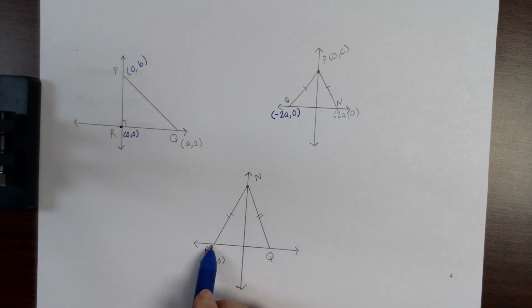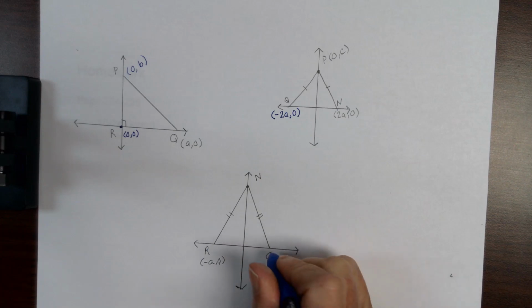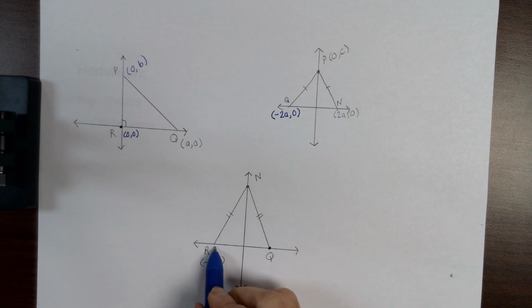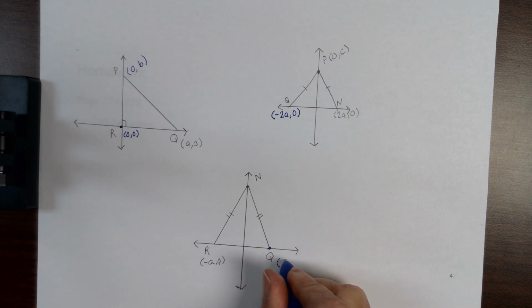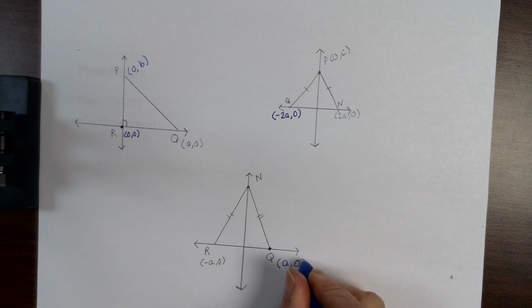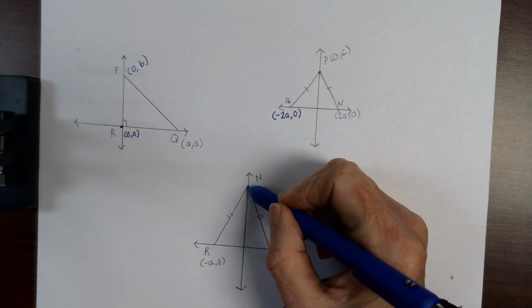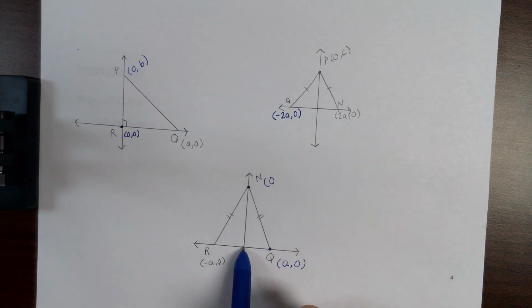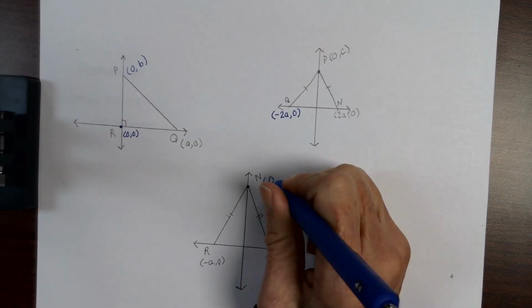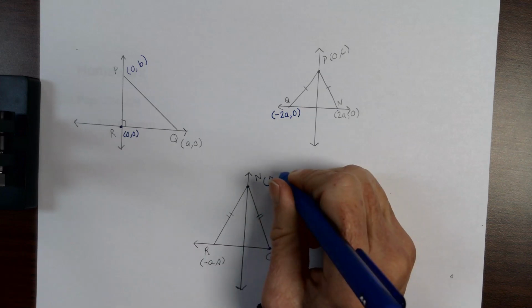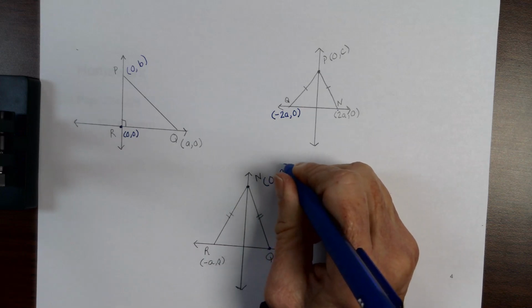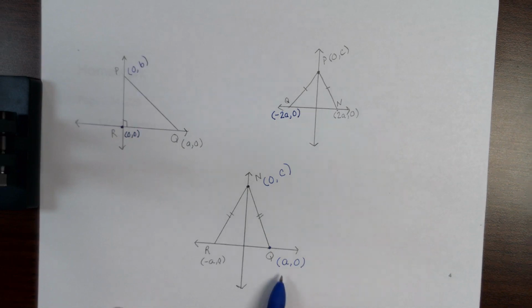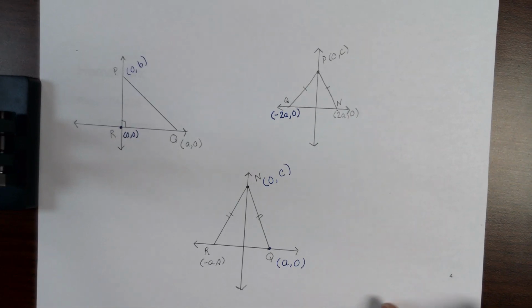If I've gone over here to negative A, 0, then over to here, so this is A units, this would also be A units. So I have the point A, 0. Now this N, I know it's 0, something because I've gone over right or left 0, but I have no idea the height of it, so I just call it maybe 0, C. It just has to be something different than the A.